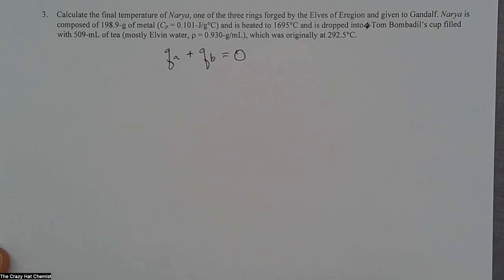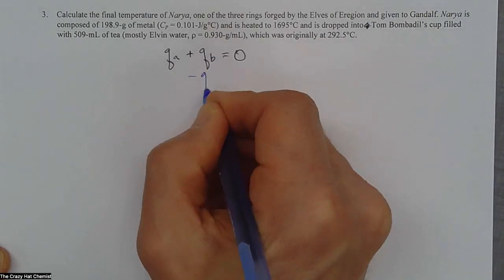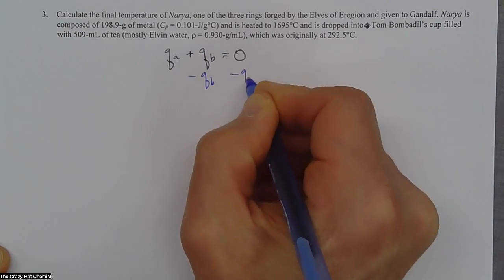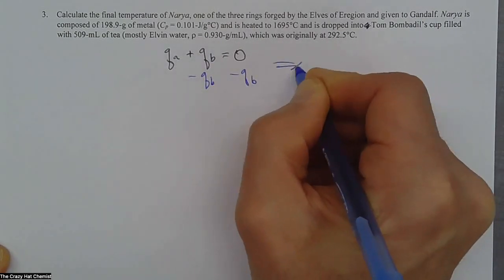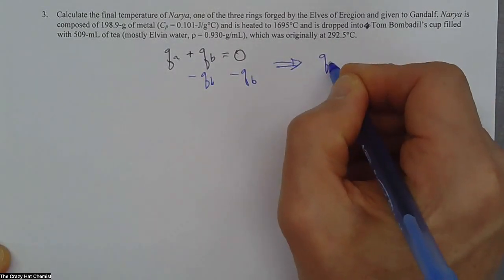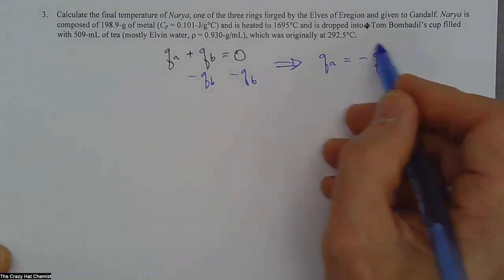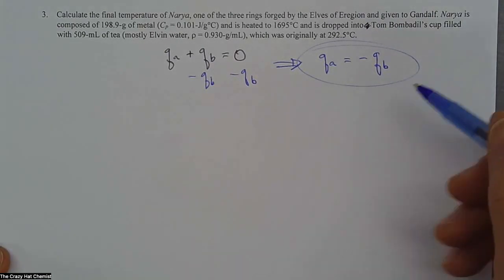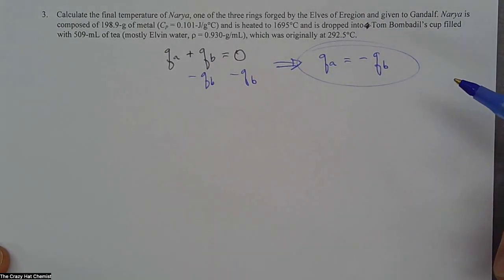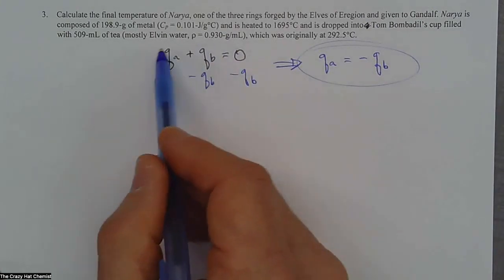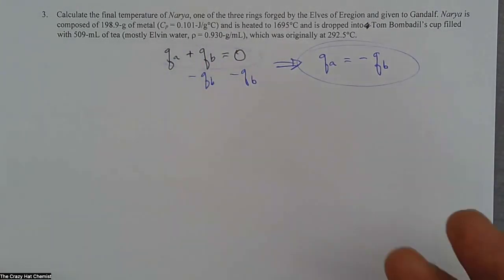What we're going to do is subtract Q_B on both sides, and we get the following equation: Q_A is equal to negative Q_B. We're going to work with this one because on the previous worksheet number 1, I just plugged directly into here. So I'm going to show you the 2 different ways of doing it.